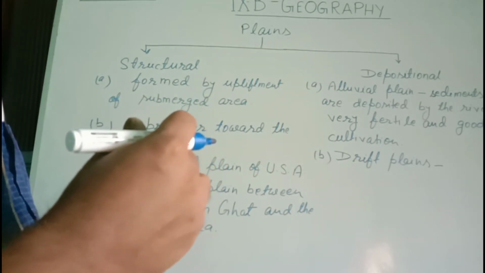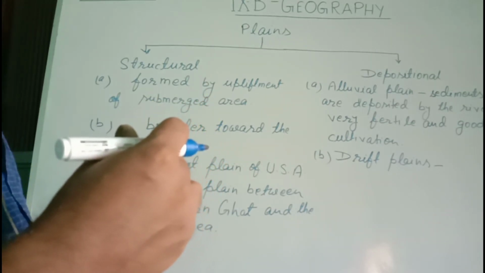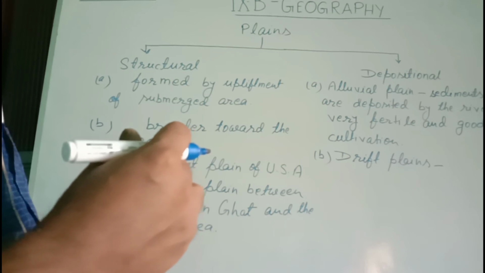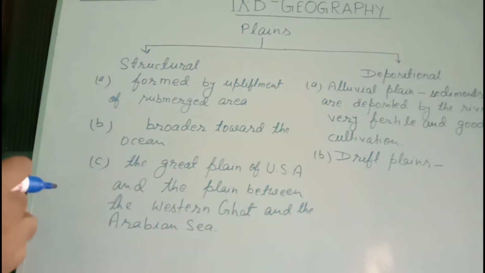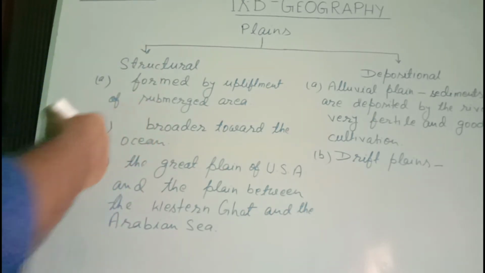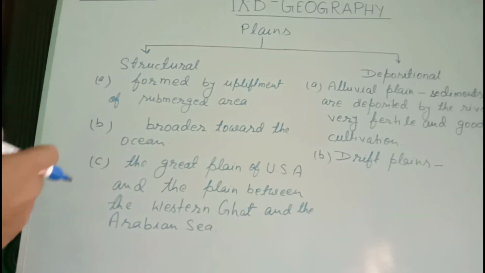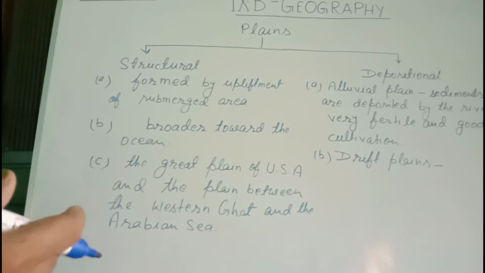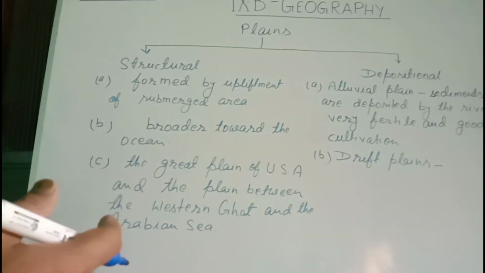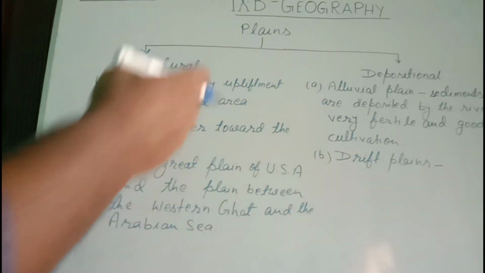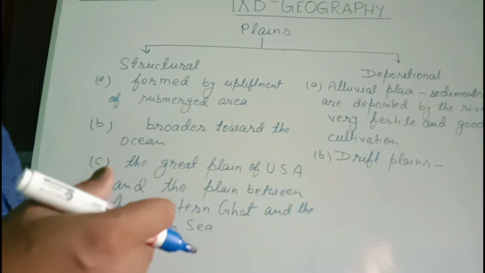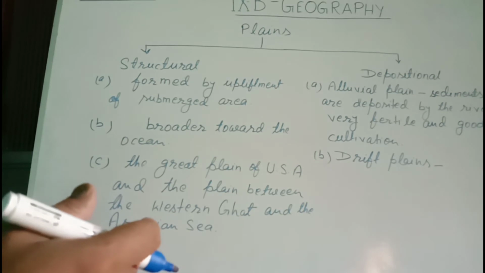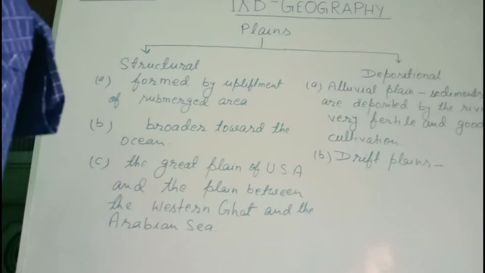But what is common in both kinds of plain? The sediments are deposited. In structural plain also you saw the sediments are brought by the oceans and are deposited in the coastal region. And here in alluvial plain also you saw the sediments are brought by the rivers. Those are deposited on the banks of rivers, making a plain.